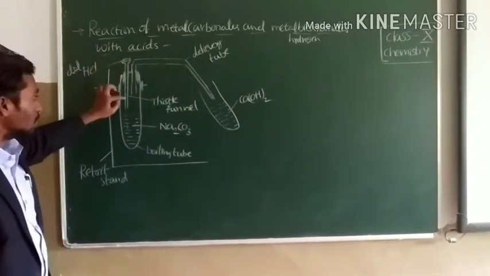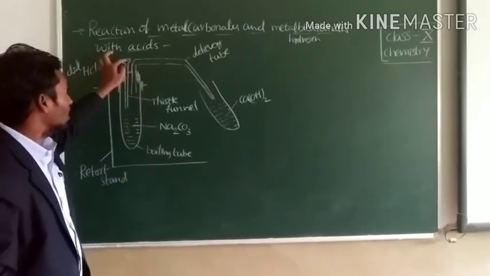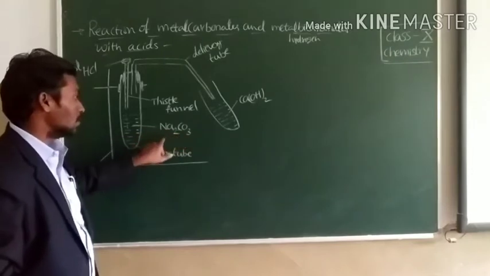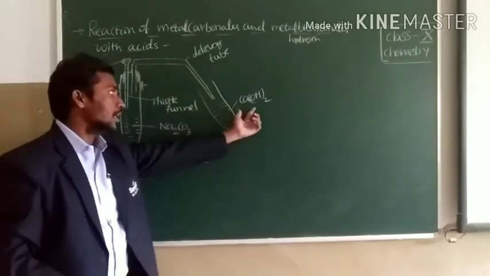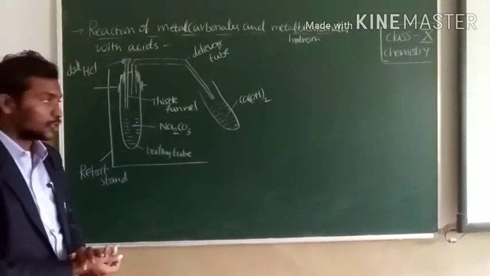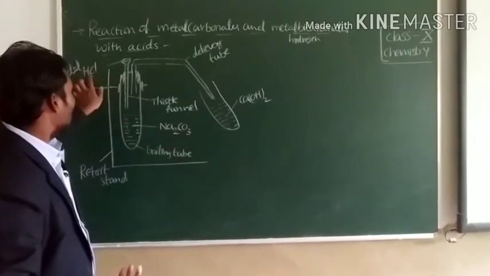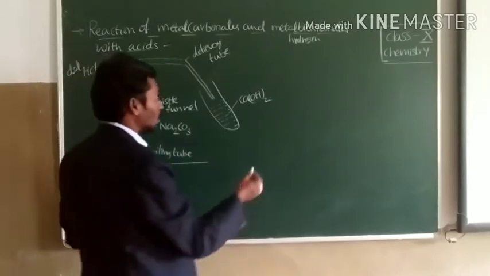With the thistle funnel we can add dilute hydrochloric acid dropwise to the metal carbonate, that is sodium carbonate. The other end of the delivery tube we place in a boiling tube filled with lime water, that is calcium hydroxide.